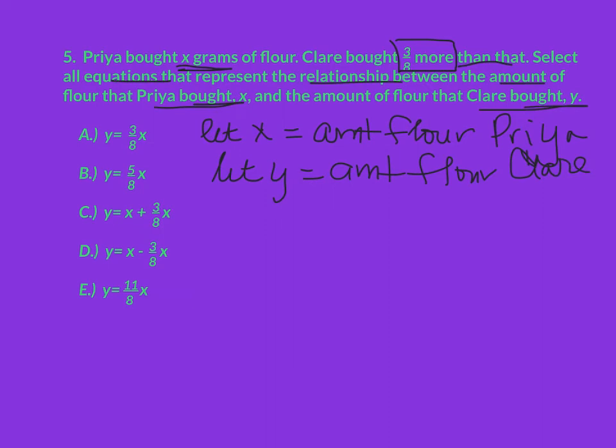So we know that Claire bought 3/8 more. So that would mean we would take the whole thing, and we'd add 3/8 to that.